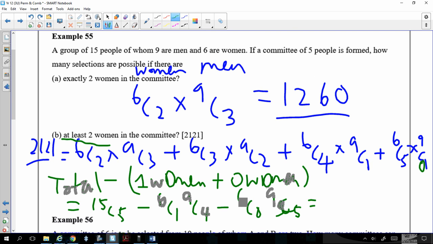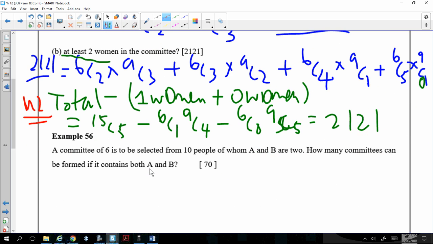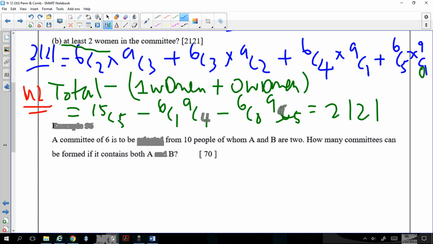Do this page. Okay, how about the next question, 56? Have a try, have a think. Okay, anyone want to contribute?